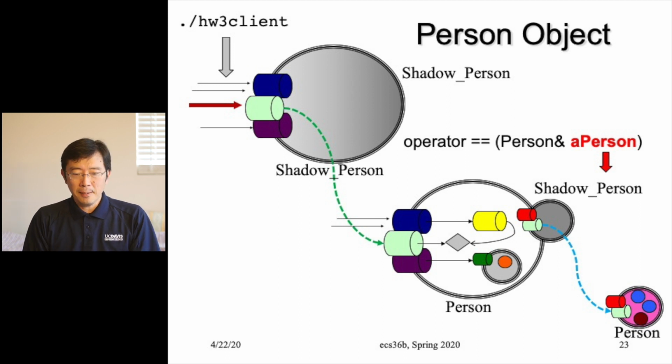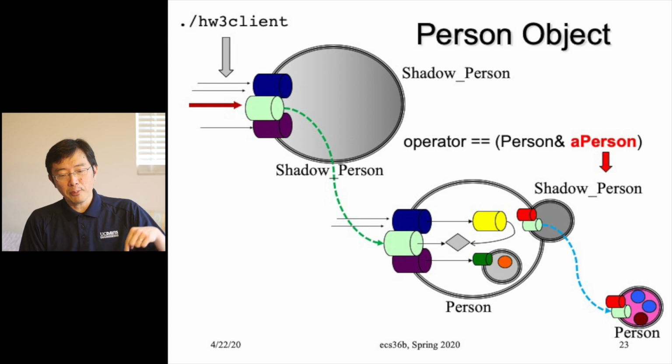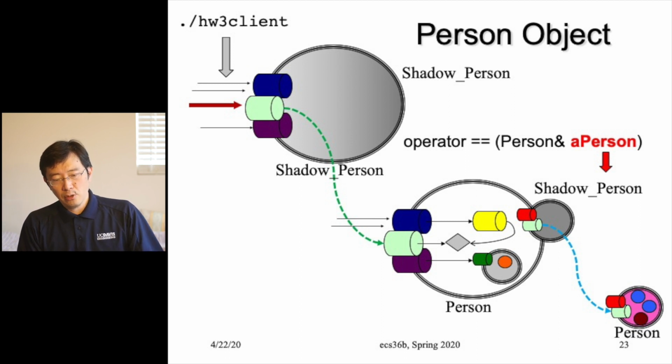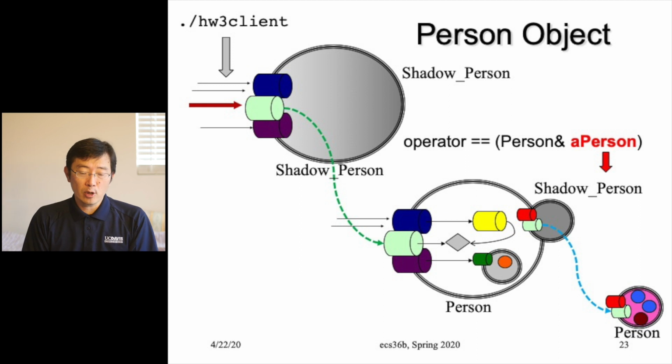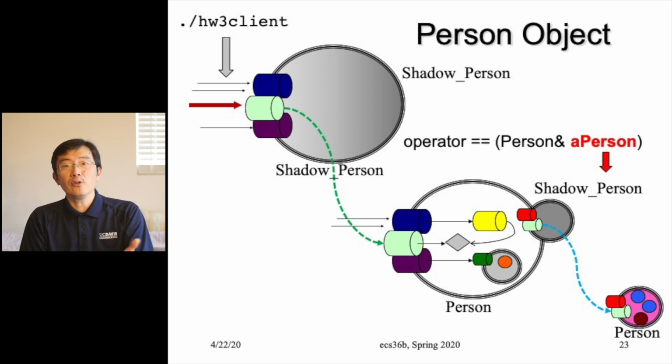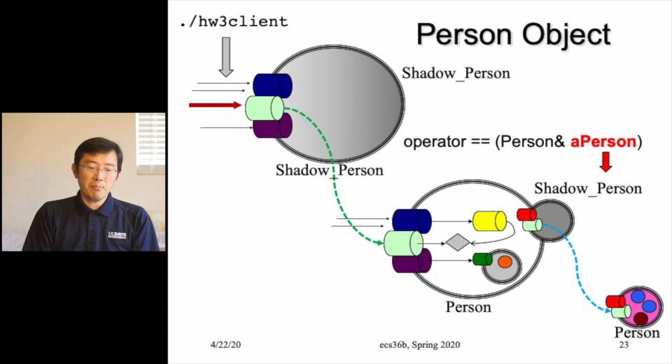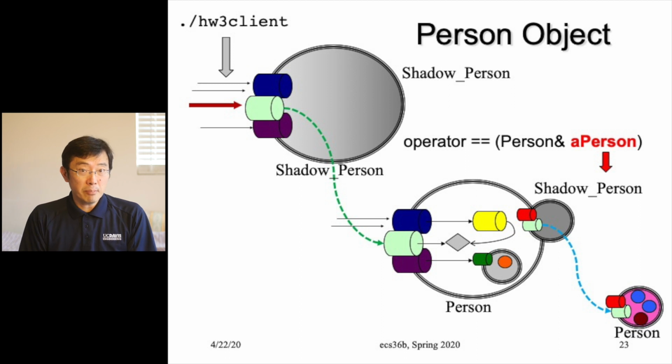Then when you pass the first operator equal equal from the first shadow to the person, and then from the person to another person, it is actually a virtual function call of get VSID. Okay, so with these 2 stages, you truly implement the correct version of operator equal equal.